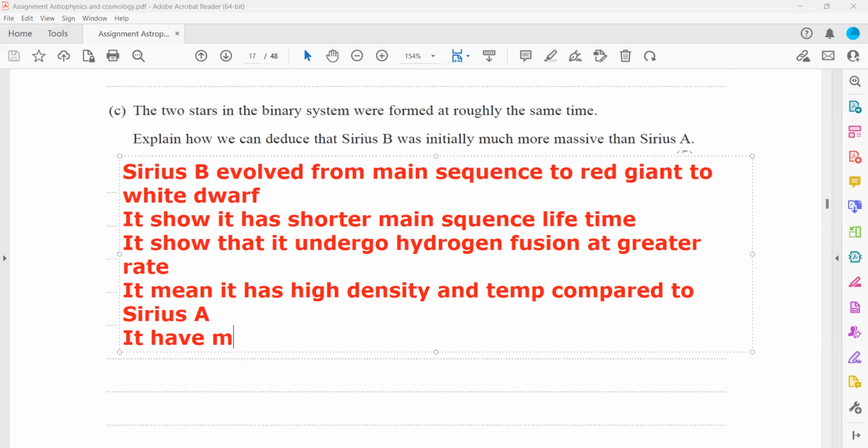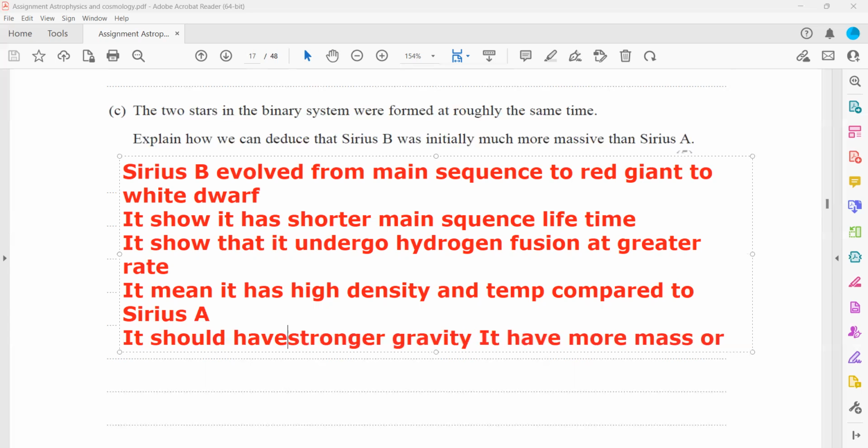It has more mass or stronger gravity. It should have a stronger gravity. So it has more mass.